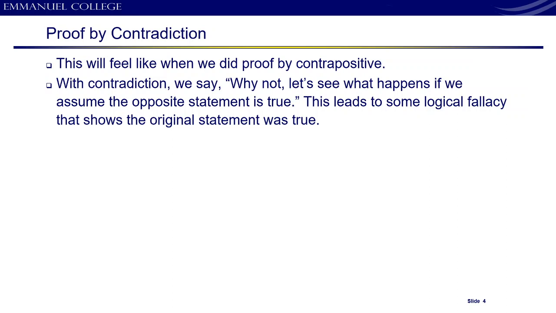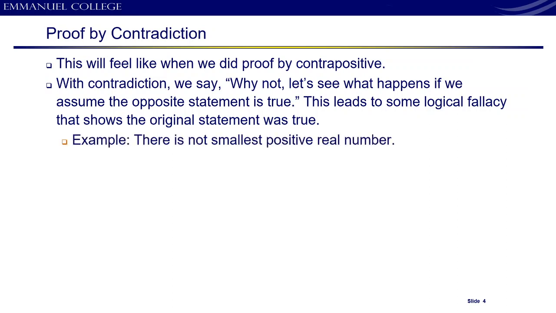Like where you read it from right to left, but instead of doing that, what we're actually doing is kind of changing the consequence of it. So, like this one, there is no smallest positive real number. How do you go about that?